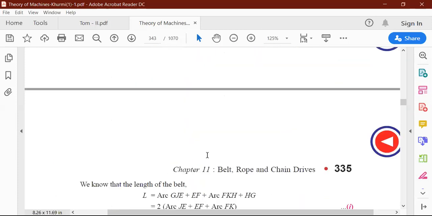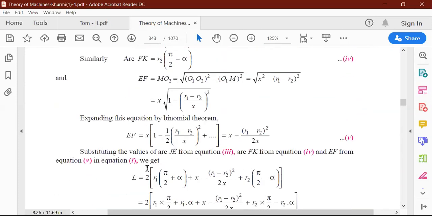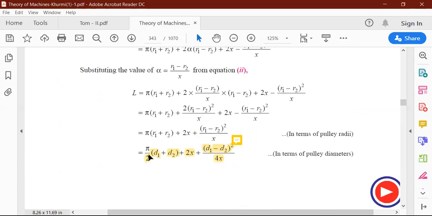After solving this derivation, we come to the length of open belt drive. This is the formula for the length of open belt drive in diameter form. Here L is equal to pi by 2 into bracket d1 plus d2, plus twice x, plus bracket d1 minus d2 bracket square divided by 4x.